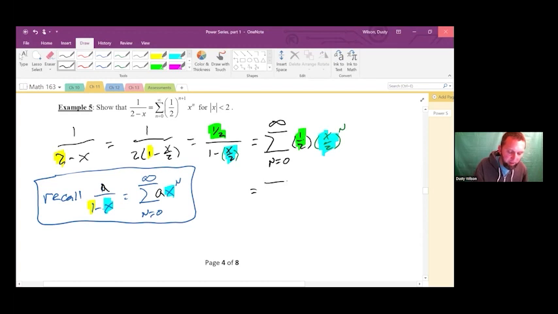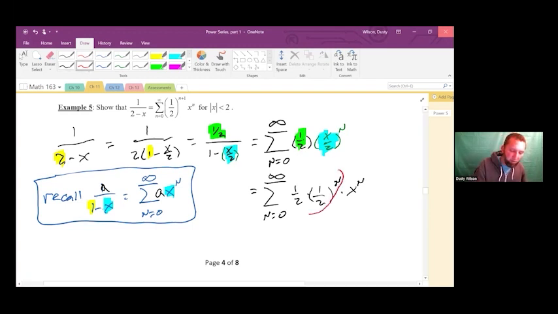And then we could simplify this. Notice this would be like the sum from n equals 0 to infinity of 1/2 times 1/2 to the nth power times x to the nth power.